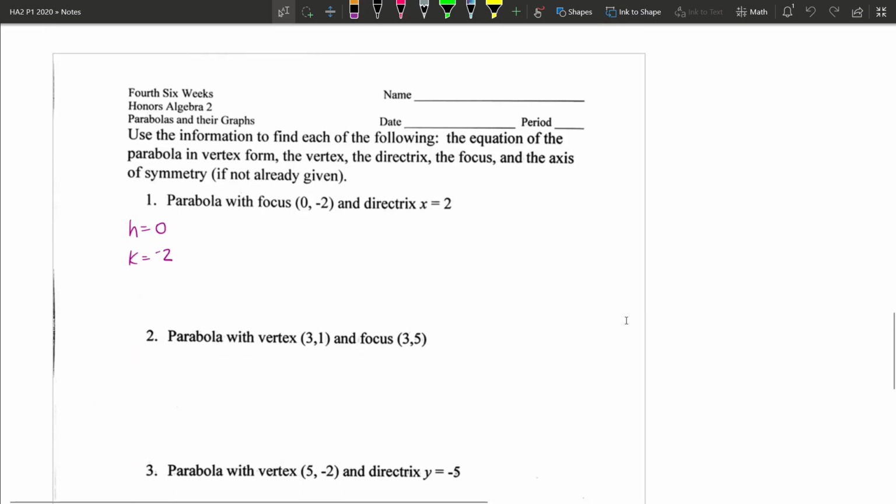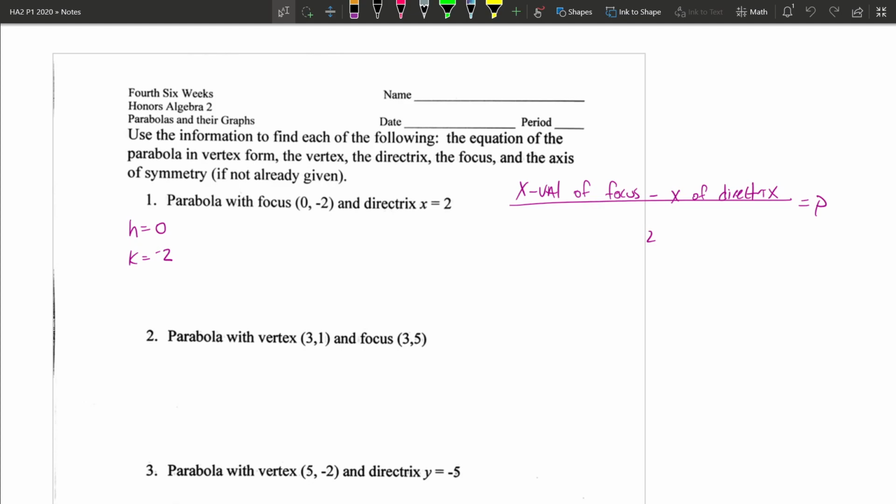So I'm going to say to myself, is there anything I can do? And there is. The trick is, we're going to take the x value of our focus, and I'm going to write this off to the side. X value of our focus minus the x value of our directrix, all that over 2 equals p.